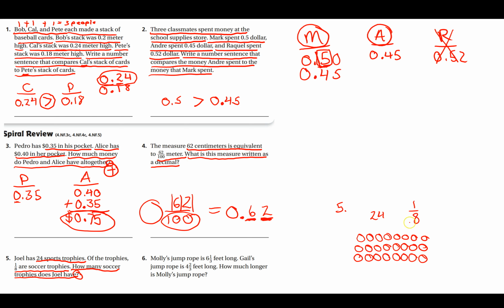Okay, so I'm looking at the 8 columns here. 1, 2, 3, 4, 5, 6, 7, 8.